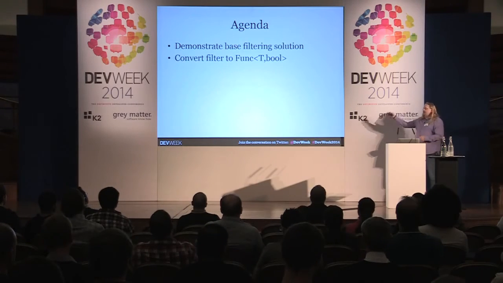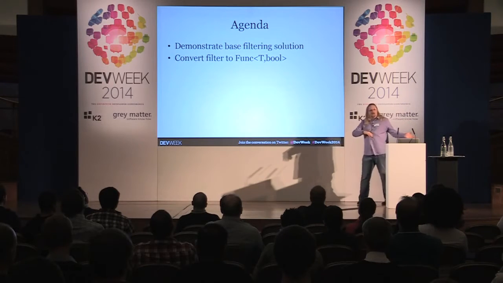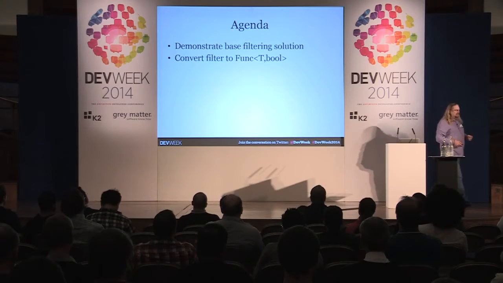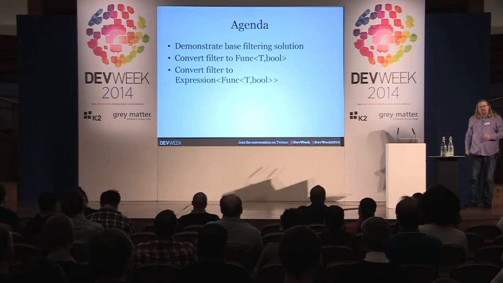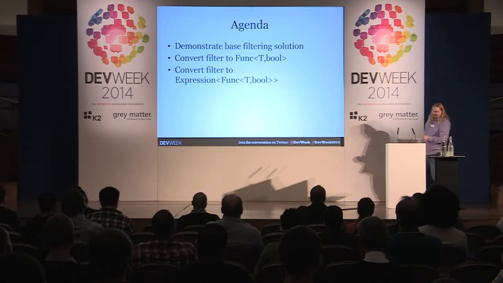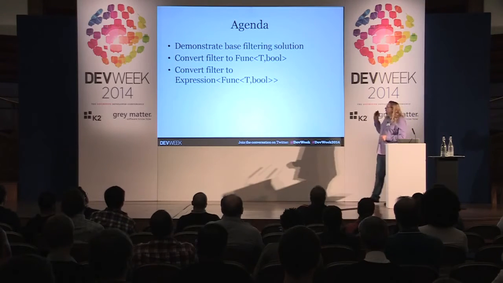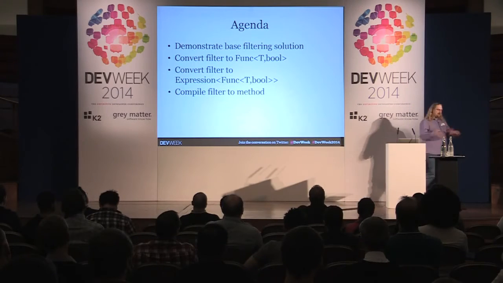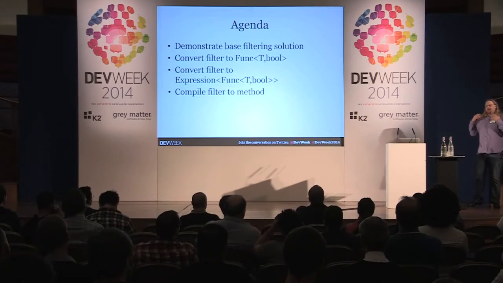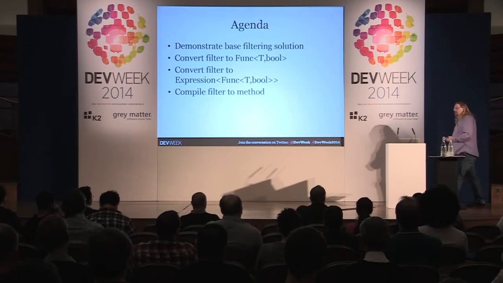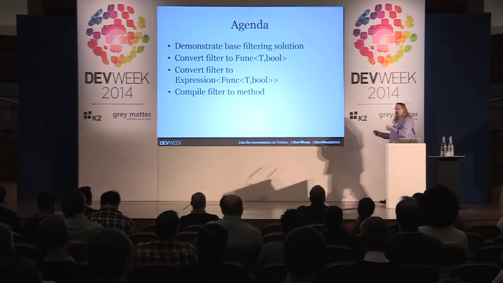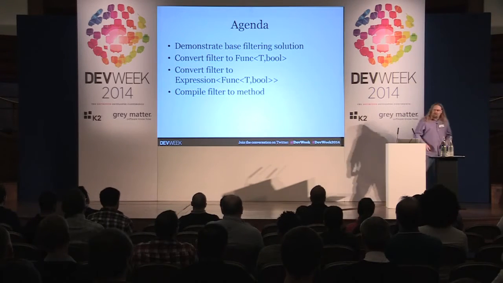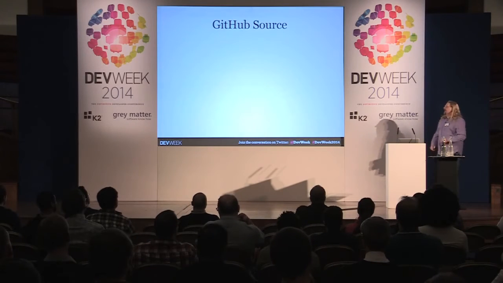We'll then take the filter pattern and transfer it into functions, so a Func of T. And from that, we will transfer it into an Expression of Func T. And then we'll look at compiling the filter to a method. So we will be using the strategy pattern to build code and compile it and store it on the file system and then retrieve it later on and use it later on. But we'll walk you through the steps to get there.